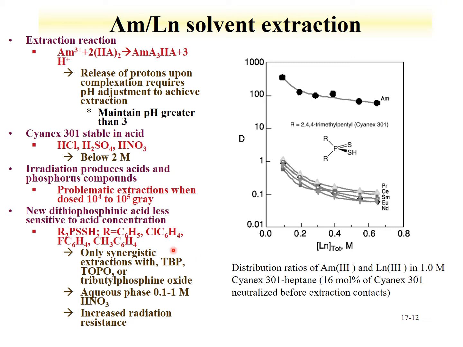However, most of these ligands operate with synergistic extractions, so you tend to have more than one ligand in the solvent system. So, for example, these diphosphonic acids will work with tributyl phosphate, trioctylphosphine oxide, or tributyl phosphine oxide. The aqueous phases are between 0.1 and 1 molar. So the acidity isn't as high as some of the extractants that we saw on the previous page, but they're in a regime which is relatively easy to control.